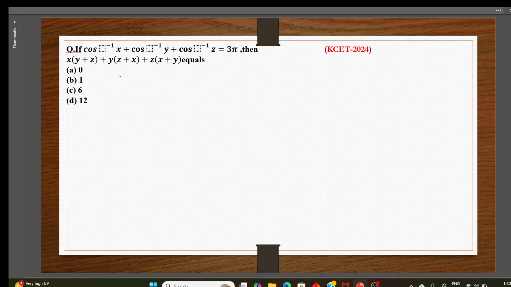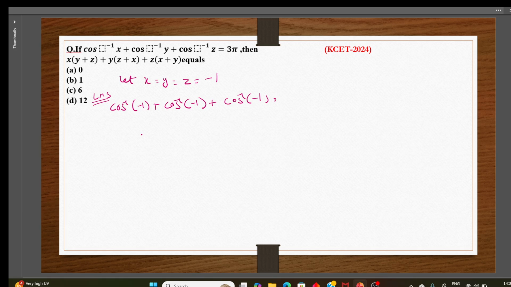In place of x, y, z substitute minus 1. So cos inverse of minus 1 plus cos inverse of minus 1 plus cos inverse of minus 1, let us consider this LHS.